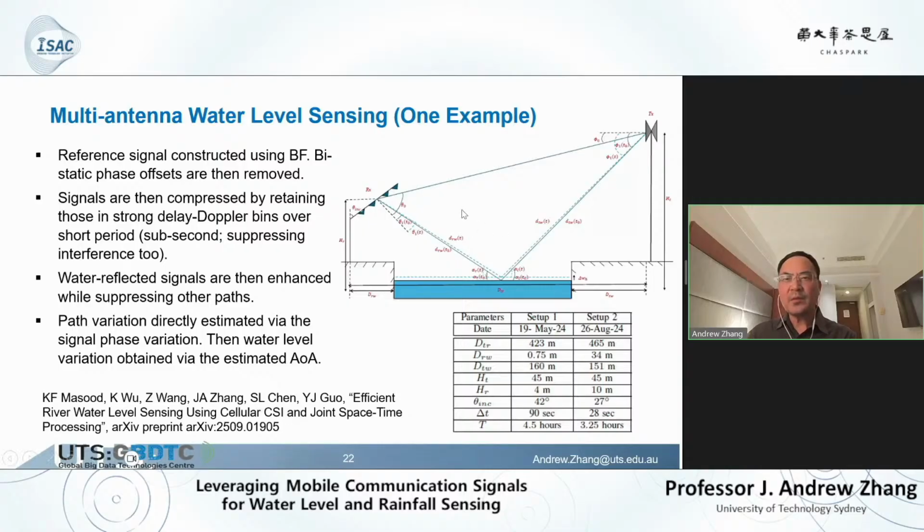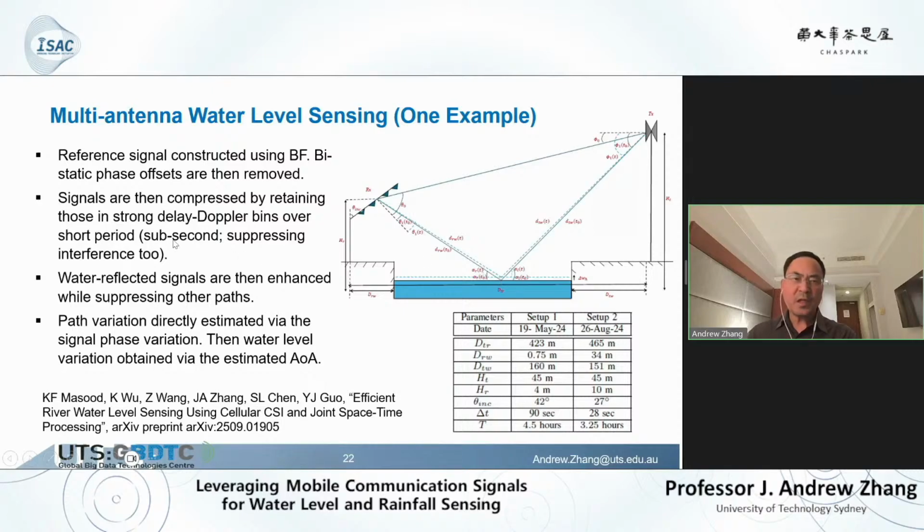When there's, for example, a strong line of sight path or a high power static path between the transmitter and the receiver, the Doppler variation caused by water level can almost be ignored because the water level change is quite slow.